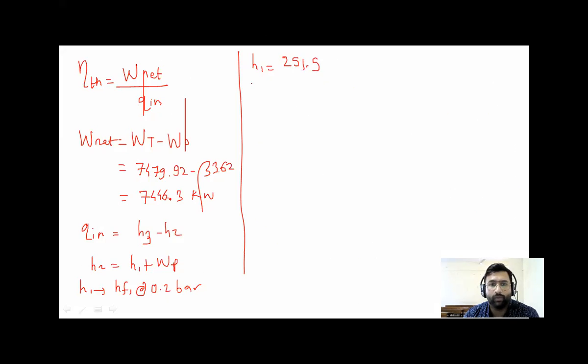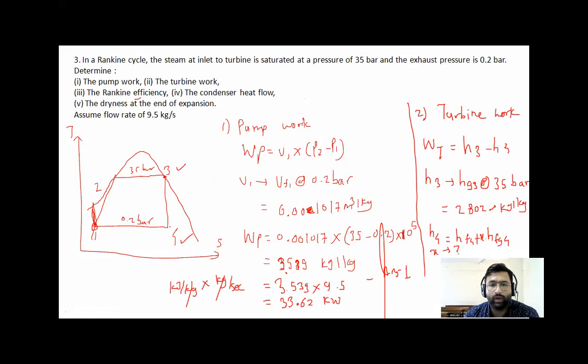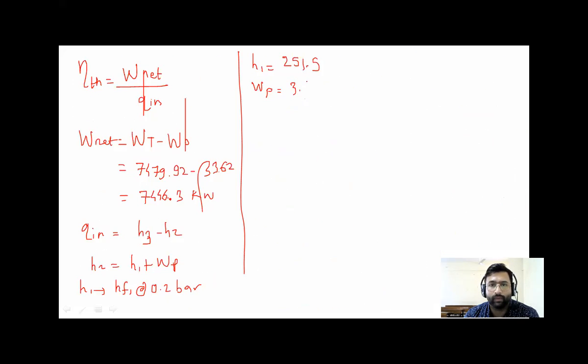Pump work we have calculated in kilojoule per kg: 3.539. So this will be 255.039 kilojoule per kg. This will be H2.